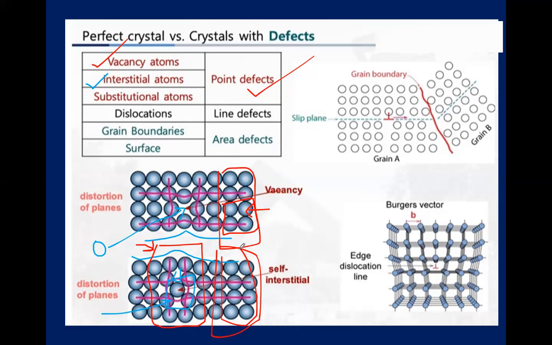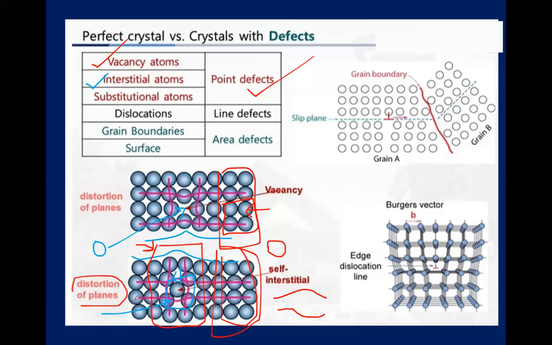Because of these vacancies, sometimes they are filled with a bigger atom, which is not fitting to the structure. In that case, there can be large dislocations, like a big bending. That may cause some of these planes to be distorted.